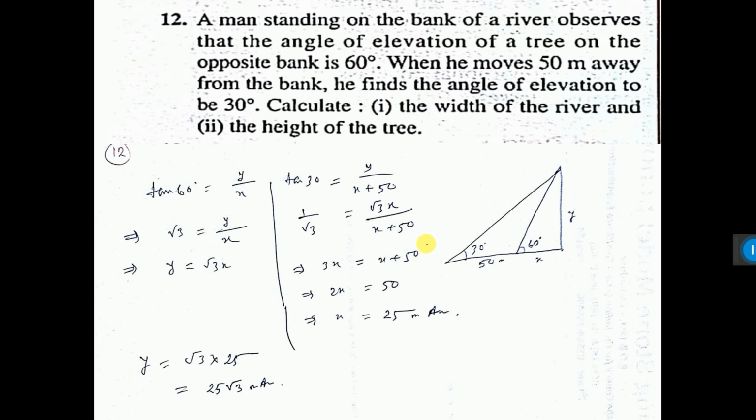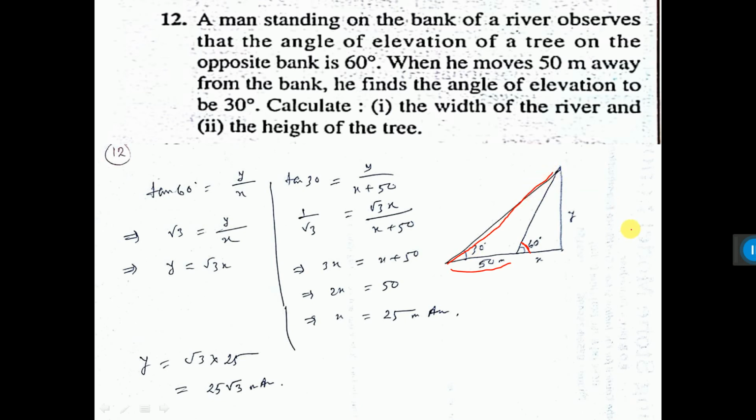Next, sum number 12. A man standing on the bank of a river observes that the angle of elevation of a tree on the opposite bank is 60 degrees. So here it is 60 degree. When he moves 50 meter away from the bank, then the angle of elevation is 30 degree. Here this angle is 30 degree. Find the width of the river.